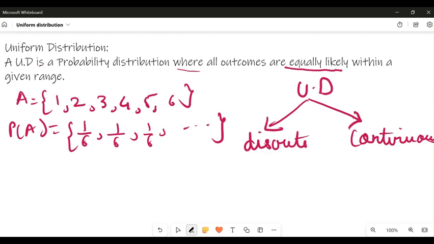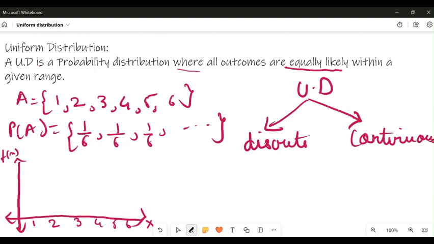Then, how does the plot actually look? Let's plot it, based on the example that I'm going to plot over here. If I take 1, 2, 3, 4, 5, 6, this is my x value or input value, and this is my f of x, the probability distribution, PD values.